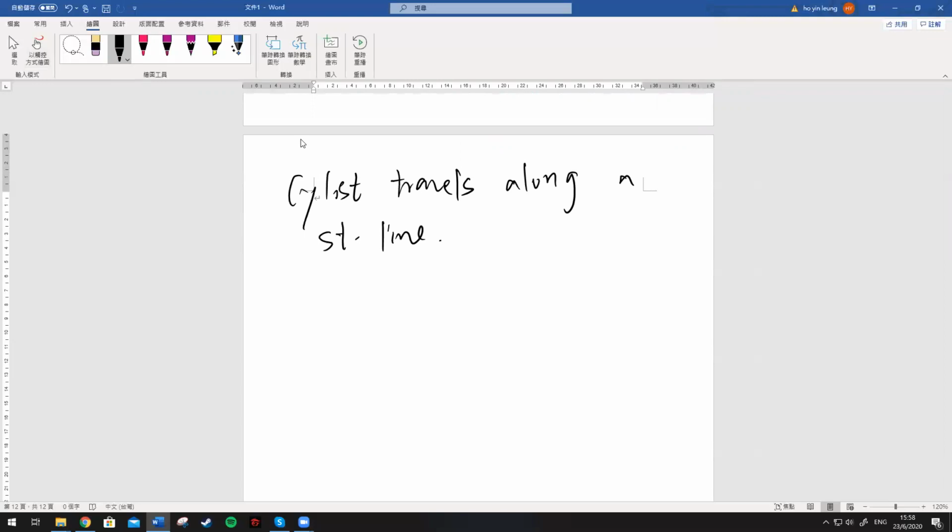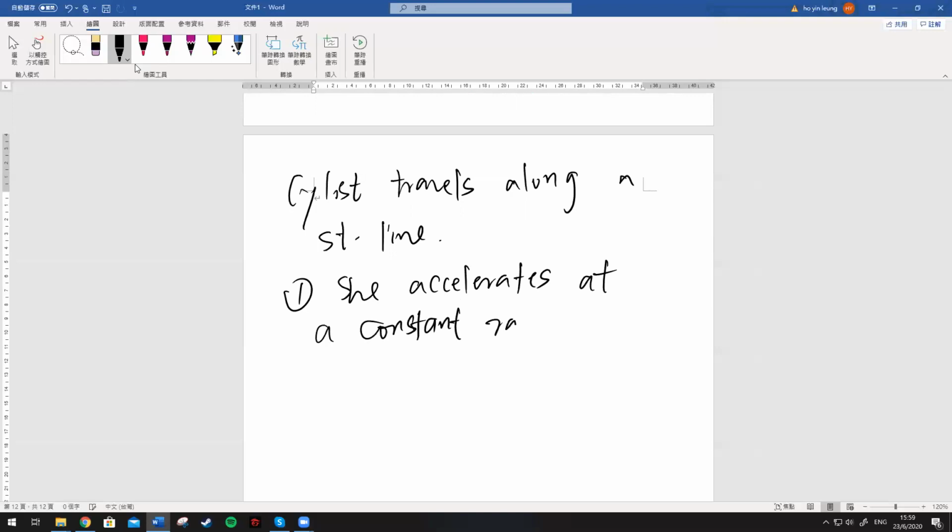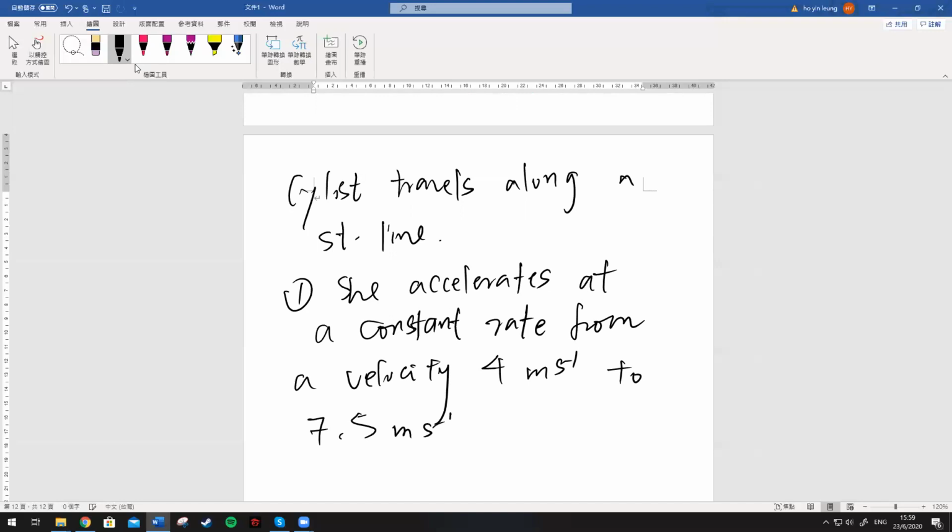First of all, she accelerates at a constant rate from a velocity of 4 meters per second to 7.5 meters per second in 40 seconds.